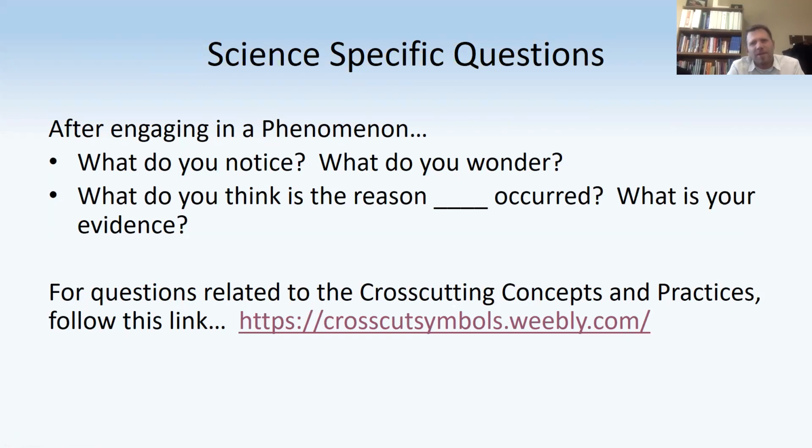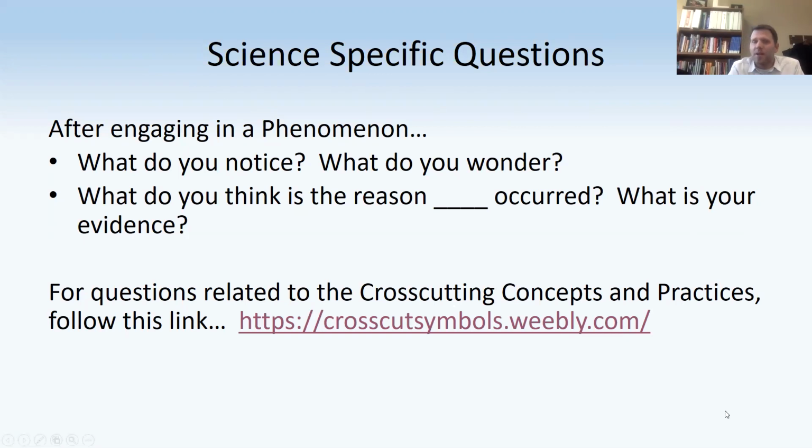And what does it prompt them to be curious about? Some core aspects of doing science and noticing things around. And what do you think is the reason that sort of thing occurred? And what is your evidence?